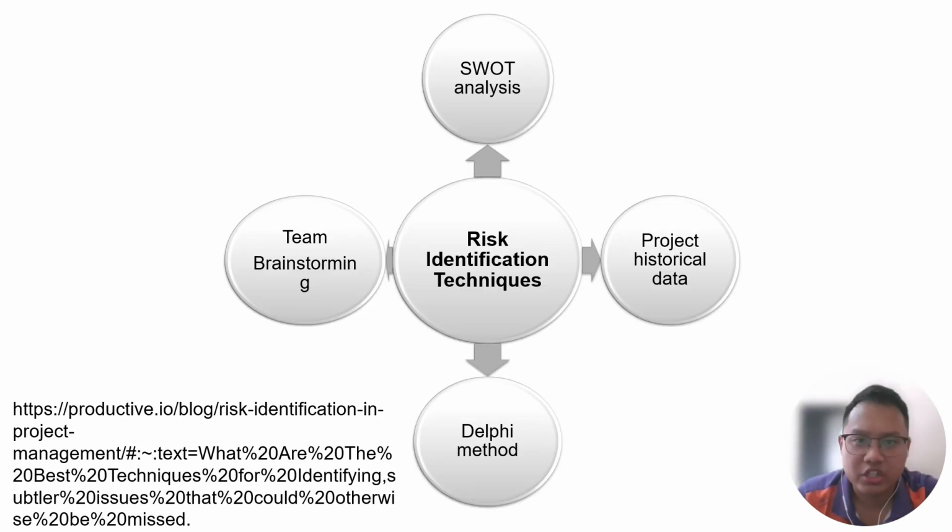Risk identification focuses on recognizing potential risks prior to their occurrence. This may be achieved through expert judgment, brainstorming sessions, historical data, and risk breakdown structure. Early identification enables teams to formulate effective countermeasures.